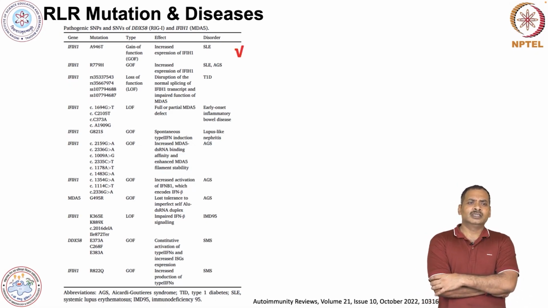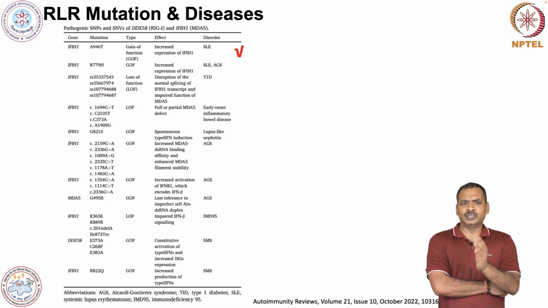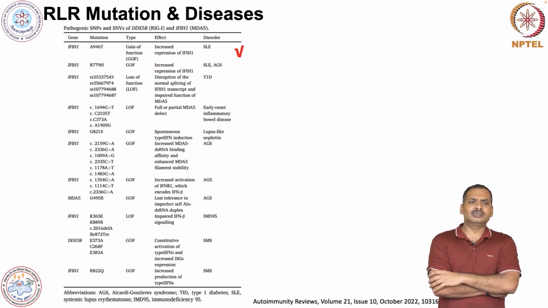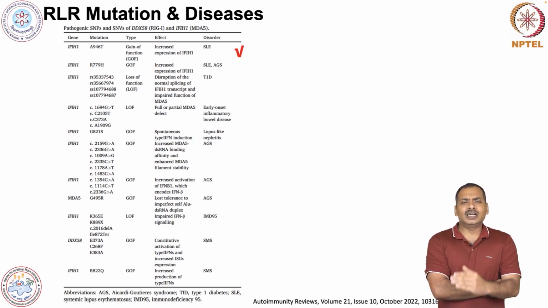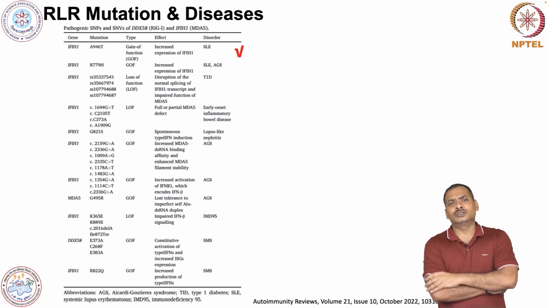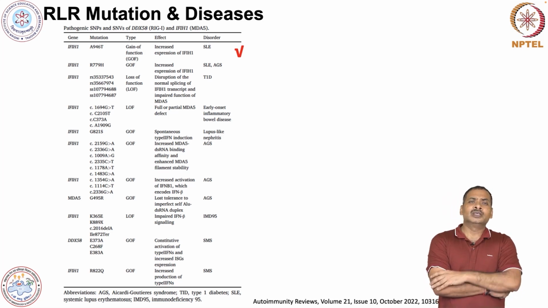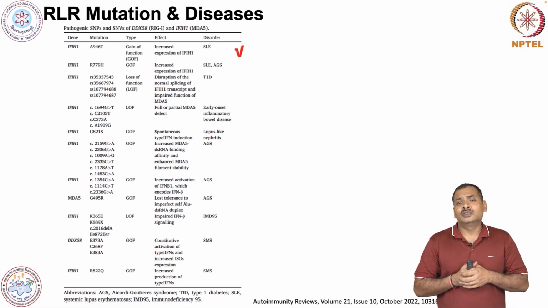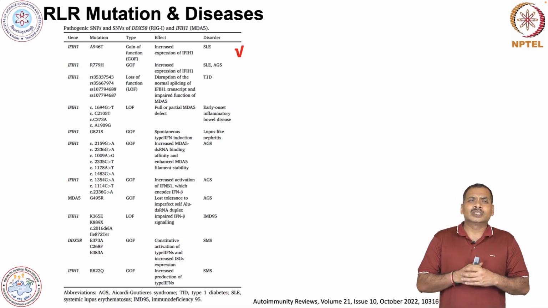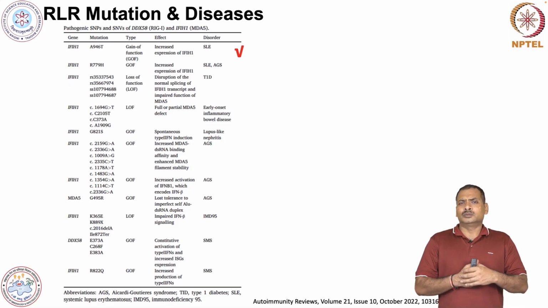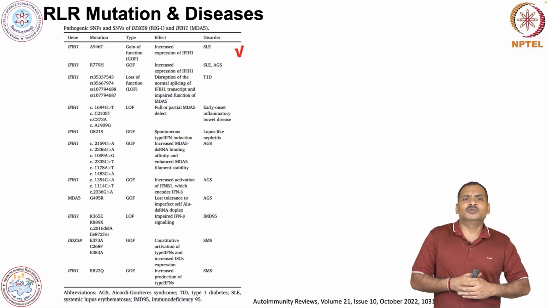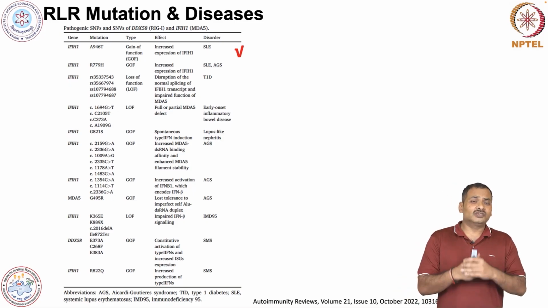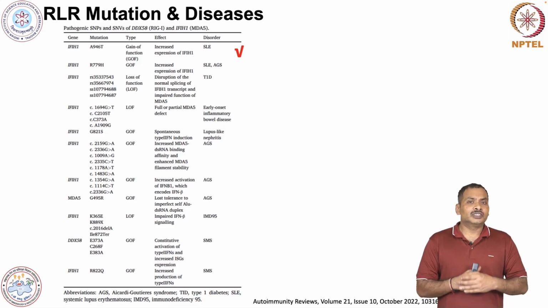Here you can see there is a mutation, A946, where A is converted to T, and that results in gain of function and enhances the expression of MDA5. Enhanced expression of MDA5 results in more production of pro-inflammatory cytokines as well as type 1 interferon, which is a characteristic feature of SLE, systemic lupus erythematosus.